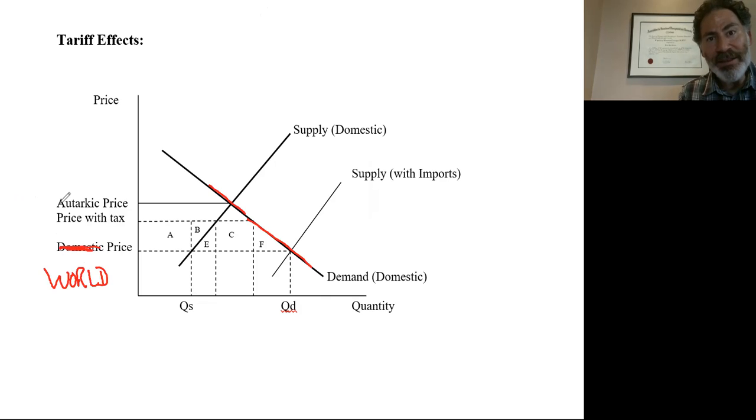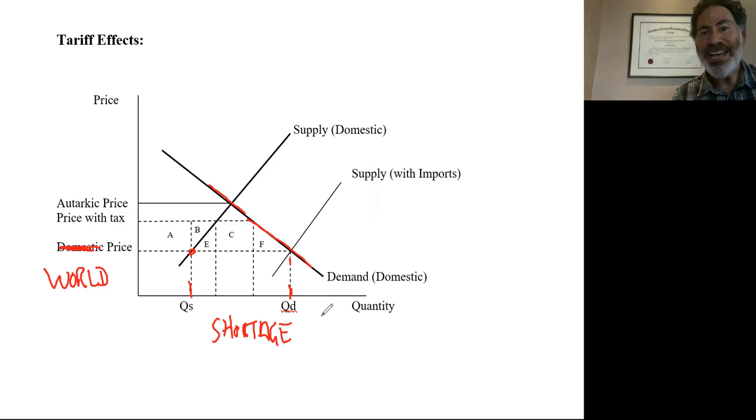So what happens here? Well, if we follow along at this world price, the quantity that domestic producers are willing to produce is right here, and the quantity demanded by consumers is right here. There is a shortage. And so the quantity demanded is greater than the quantity supplied. That's a shortage.